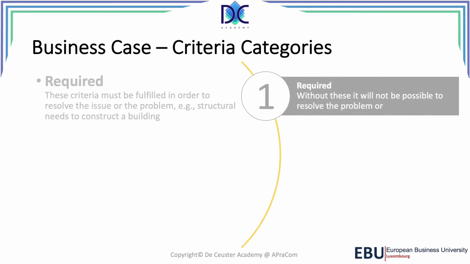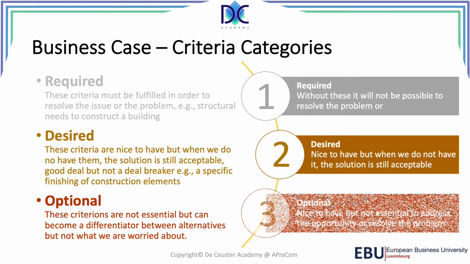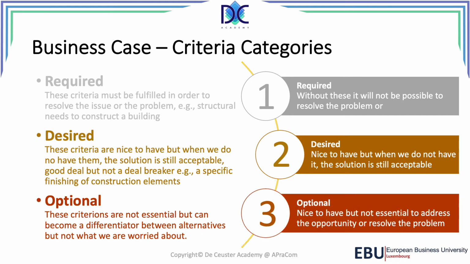So we have to do this, we must do this. It will not be possible to resolve the problem or the opportunity without them. What is desired, it's nice to have. It's not a deal breaker, so you can have some desired elements, and then you have some optional elements. It's nice to have, but not essential.